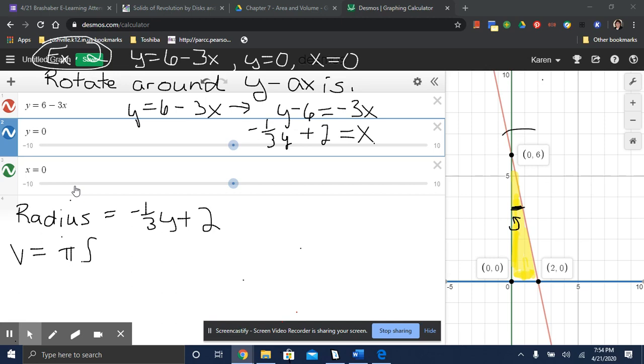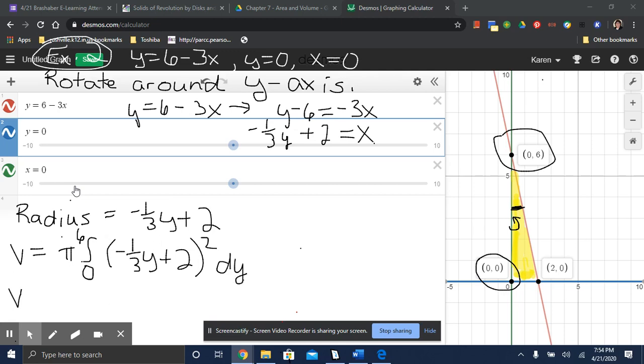So we want to be sure that we use our y endpoints. So from 0 to 6, and then the radius squared, so negative 1/3 y plus 2 squared, and then to get our height, dy.